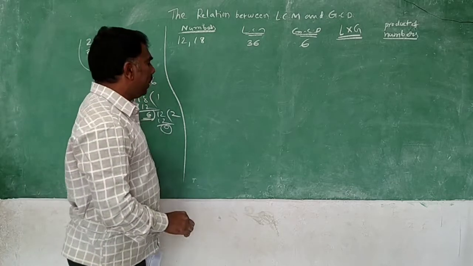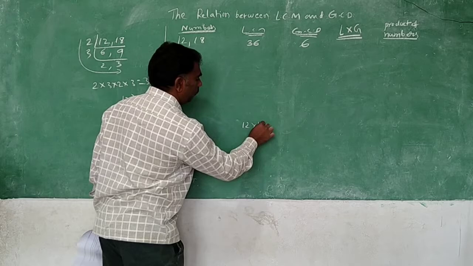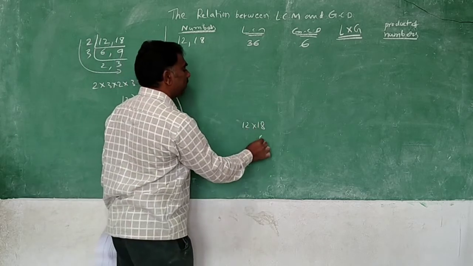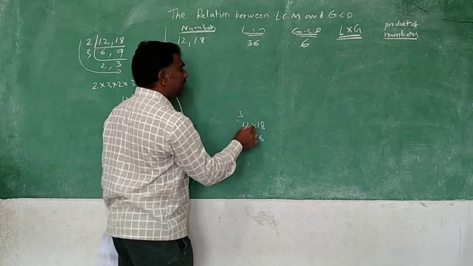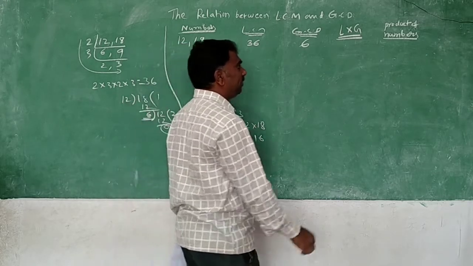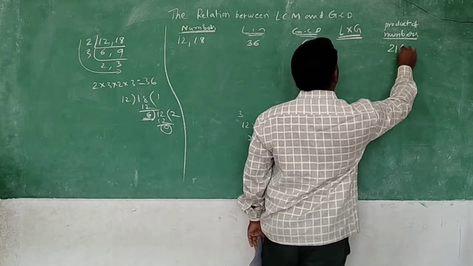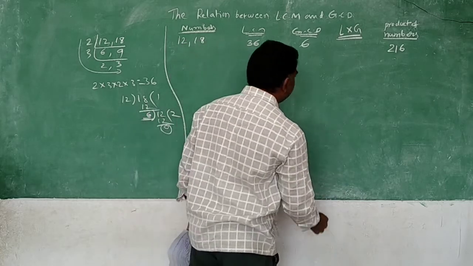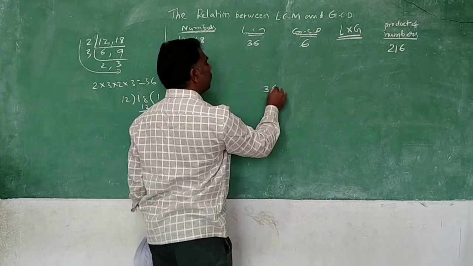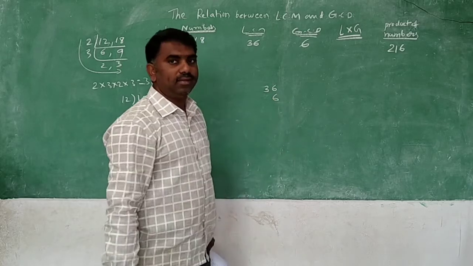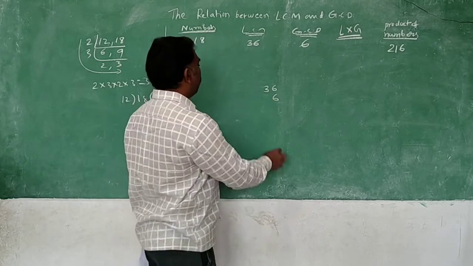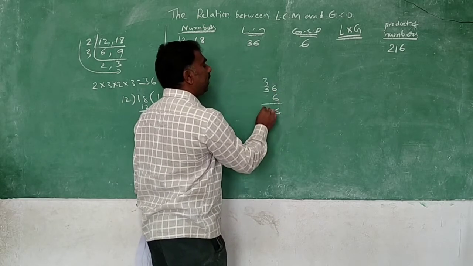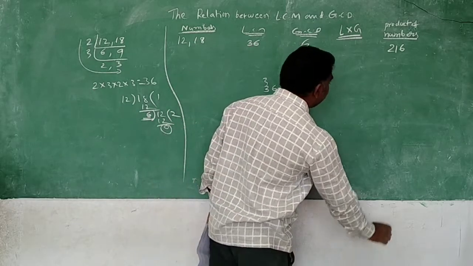If you multiply 12 and 18, 18 2s are 36, 18 1s are 18, and 3 will be 21, that is 216. And multiply the LCM and GCD. What are the answers you got? LCM 36, GCD 6. 6 6s are 36, 6 3s are 18 and 3 is 21. So 216.